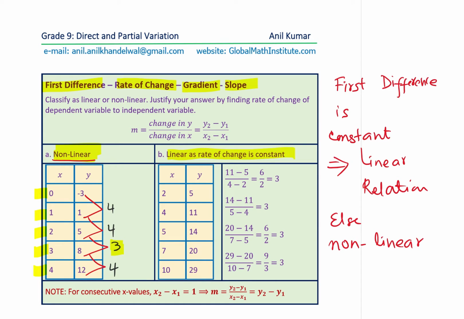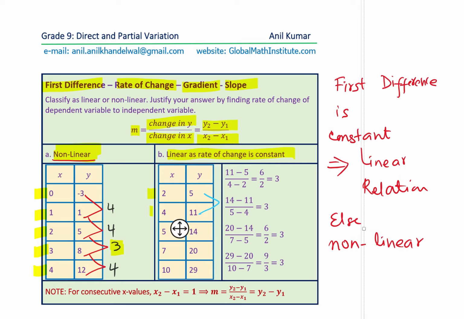Now let's look into the second one. In the second one, the thing is that we have given the values which are not consecutive terms. So in this particular case, we need to find the rate of change. So slope, which is change in y over change in x, or y2 minus y1 over x2 minus x1, that has to be calculated for each and every consecutive set.